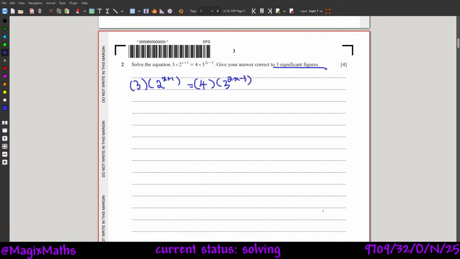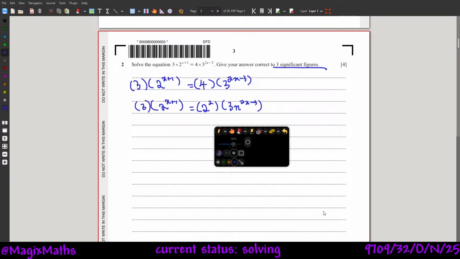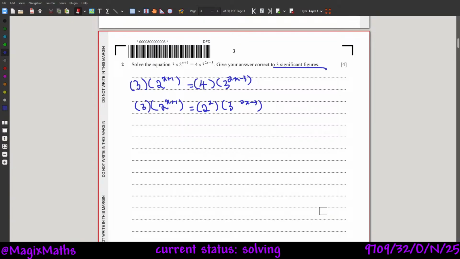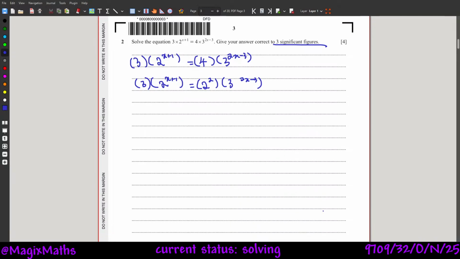And then the first thing we can do is this 4, we can change it to 2 to the power of 2. And then what I do next is let me try to think.